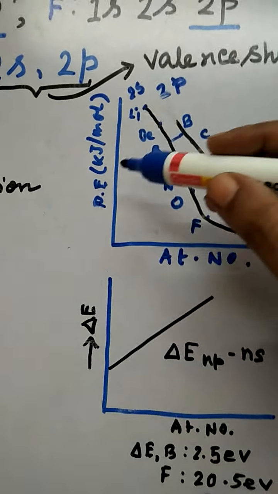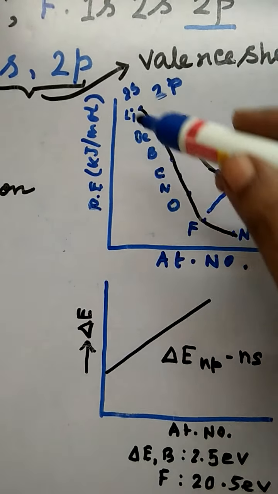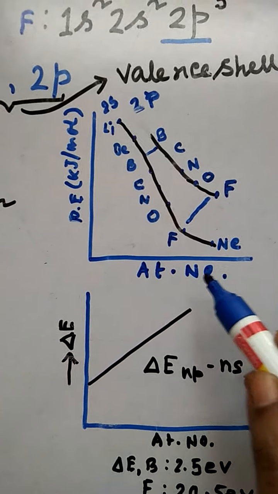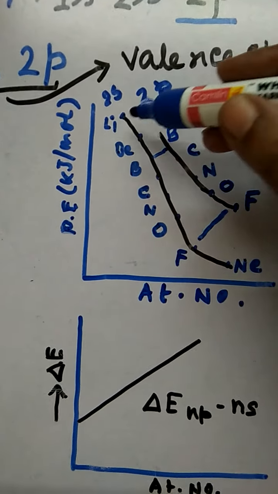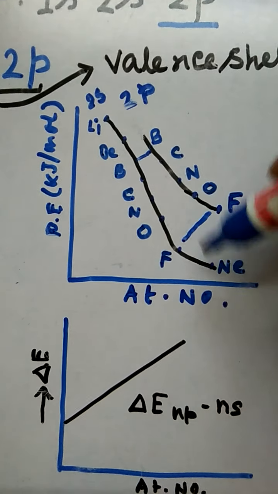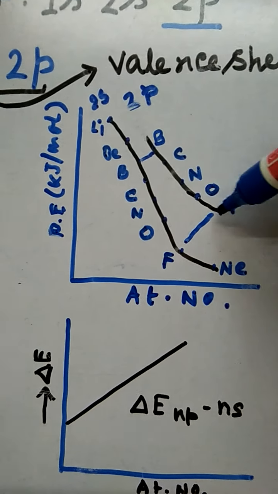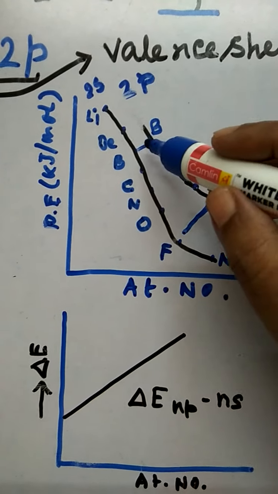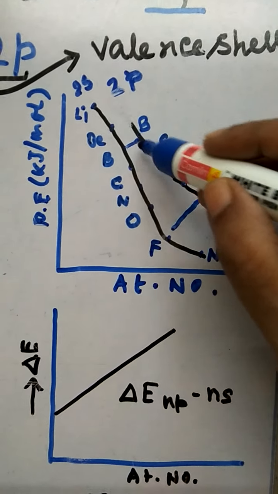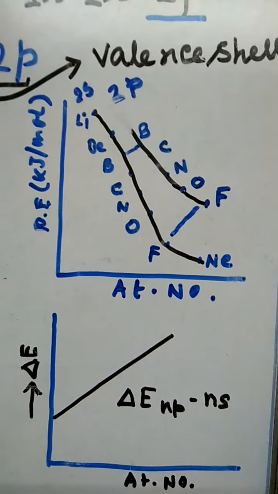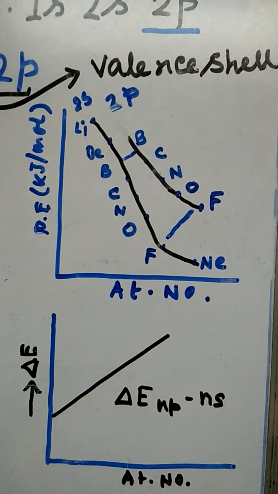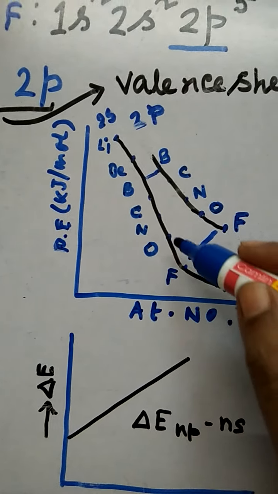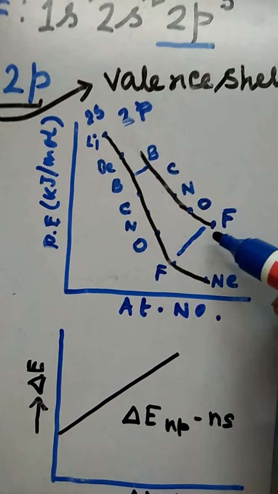This is a plot of potential energy in kilojoule per mole versus atomic number. Here I have shown it qualitatively. This is the energy for the 2s orbitals and this is the energy for the 2p orbitals. In case of boron, carbon, and nitrogen, the energy gap between the 2s and 2p orbitals is much less than the energy gap in case of oxygen and fluorine.